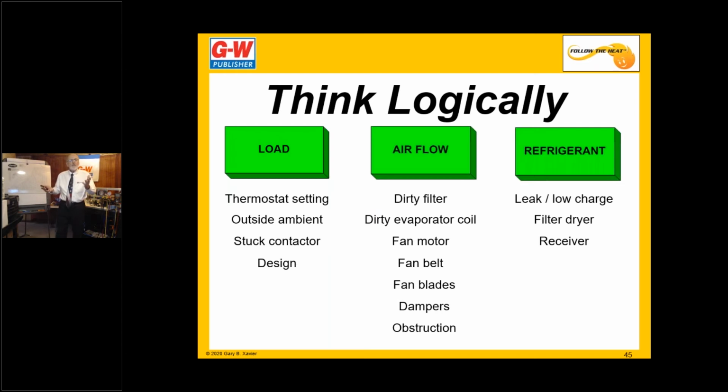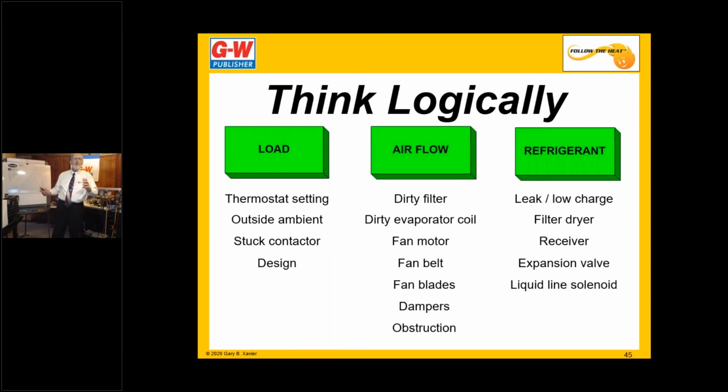If it has a receiver on it, maybe the king valve is closed. Who knows? But we check these things. Maybe it's the expansion valve. Maybe there's a problem there. So anything between the condenser and the metering device is going to show us perhaps where the problem is.